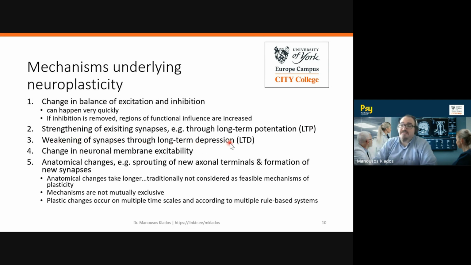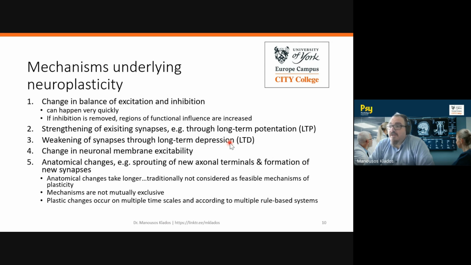So we depress the synapses in order to make them weaker. Also, we have changes in neuronal membrane excitability, so neurons are activated and send pulses faster or slower.